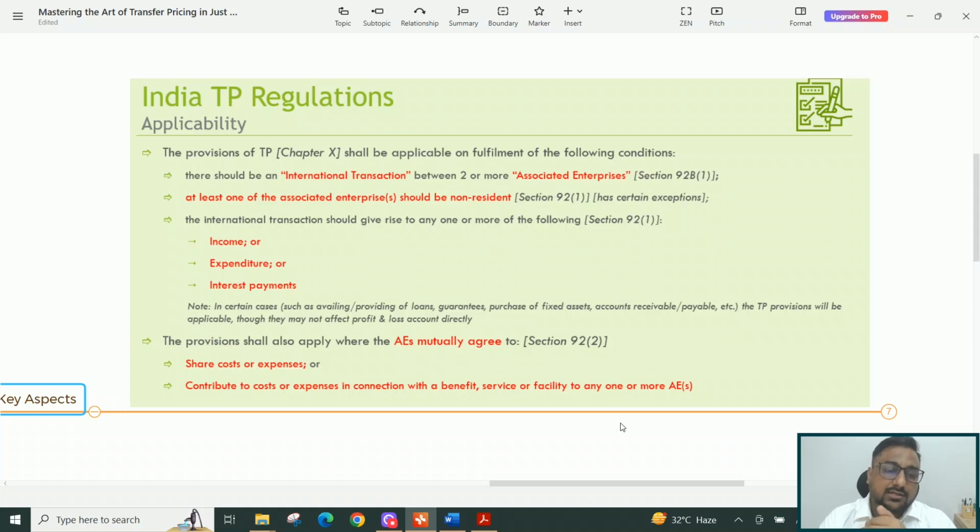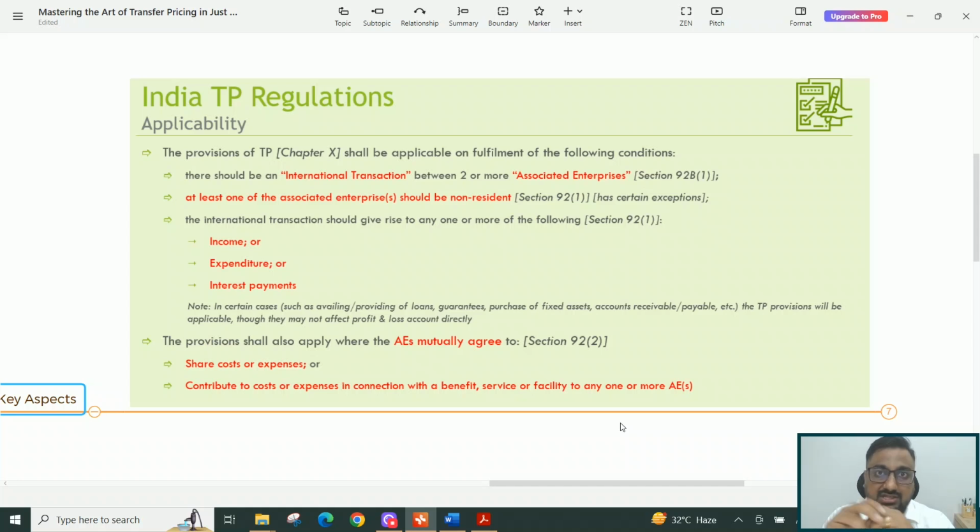All right. Section 92 subsection 2 says that the provisions shall also apply where the AEs mutually agree to share some cost or expenses, or contribute to cost or expenses in connection with a benefit, service or facility to any one or more AEs.